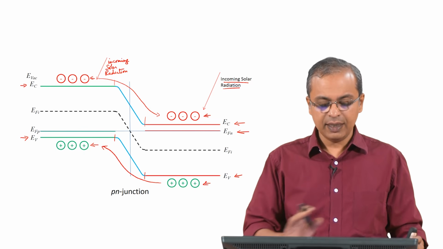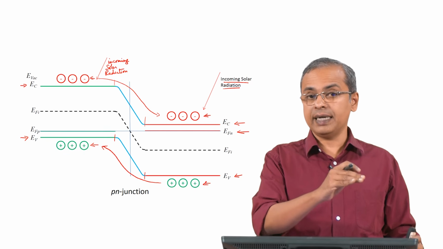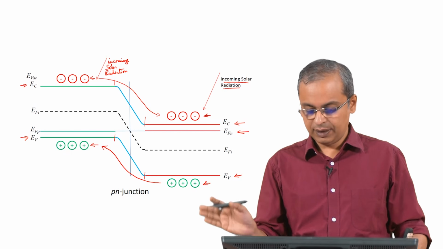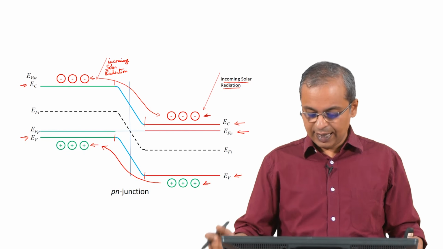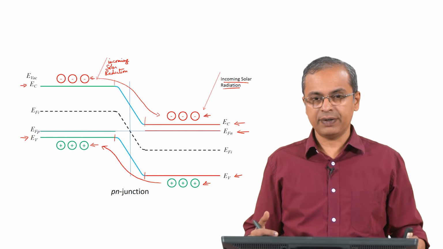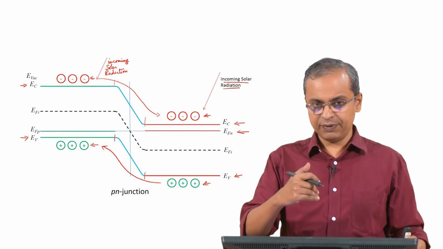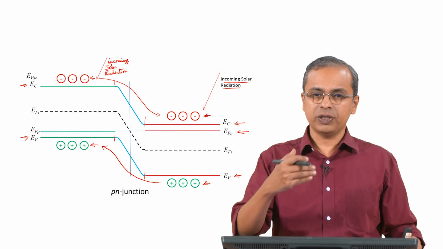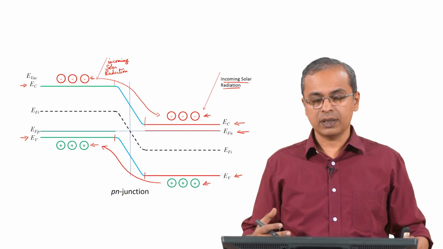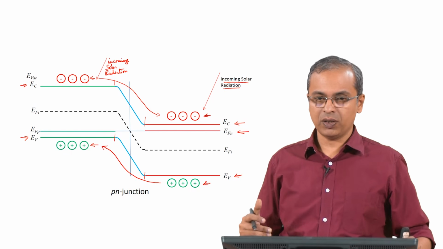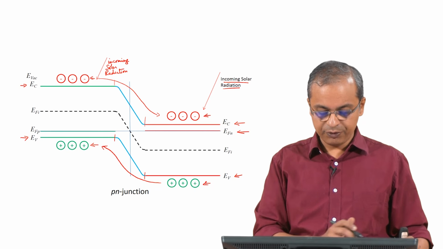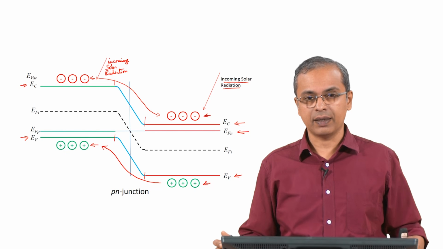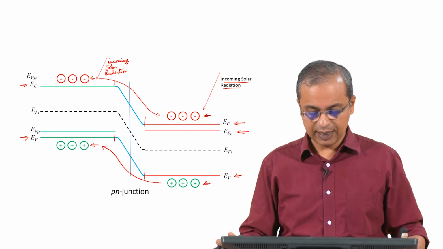To minimize the energy, electrons which were holding a higher energy level will slide downwards to join electrons which are holding a lower energy level. Holes which were holding this lower energy level here are not necessarily going to a higher energy level, but it is analogous to electrons sliding down. So, holes going upwards is the same as electrons coming downwards. The holes will bubble upwards, whereas the electrons will slide downwards.